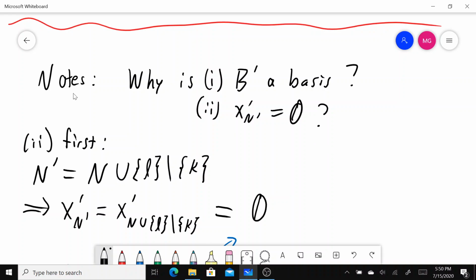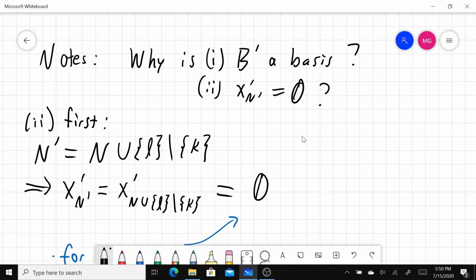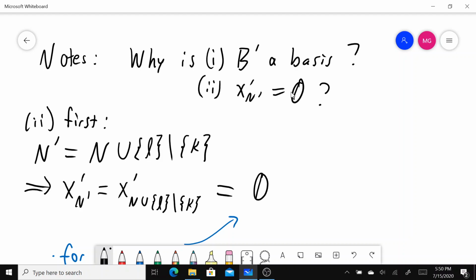So there are still two things to address here. Why is B prime actually a basis, and why is it that x prime is 0 for these new non-basic components for N prime here? These are the two facts that we assumed. Fact 2 is a little easier to show, so we'll do that first. We can show that this is true without assuming anything about B prime being a basis or not.